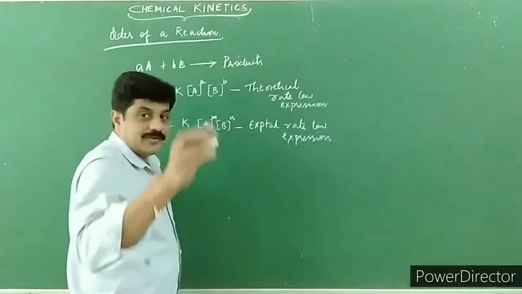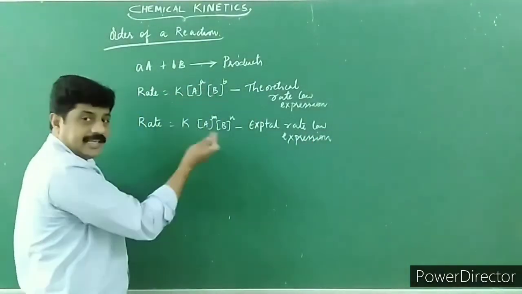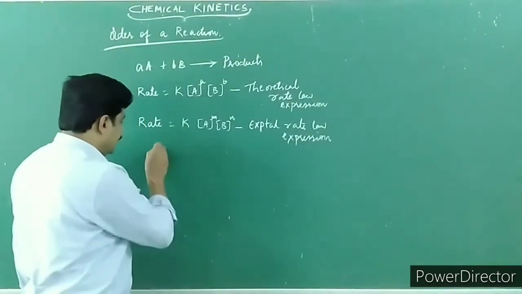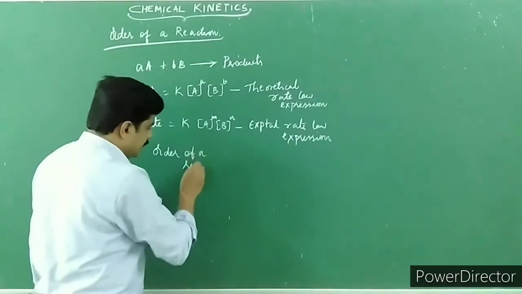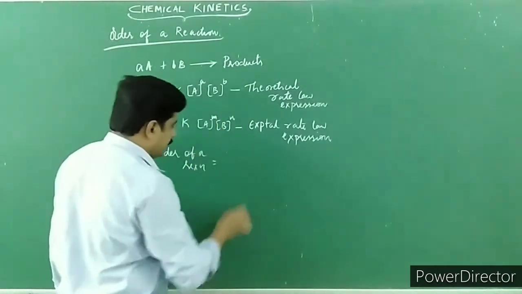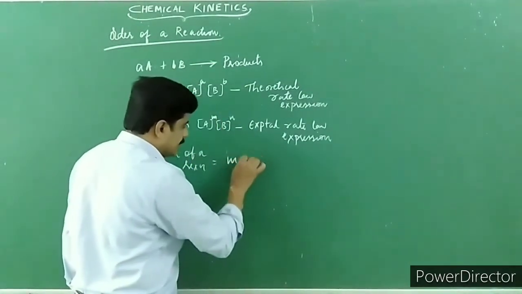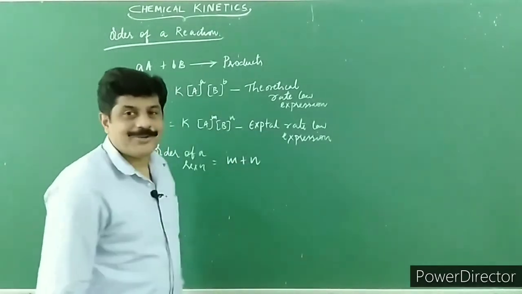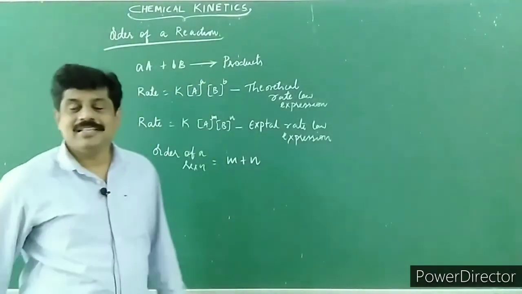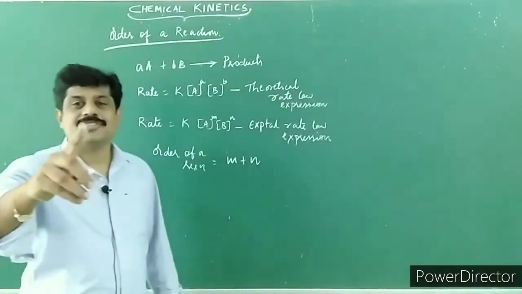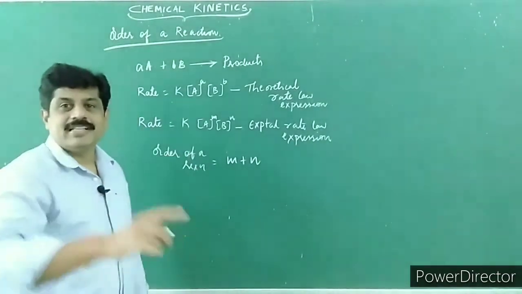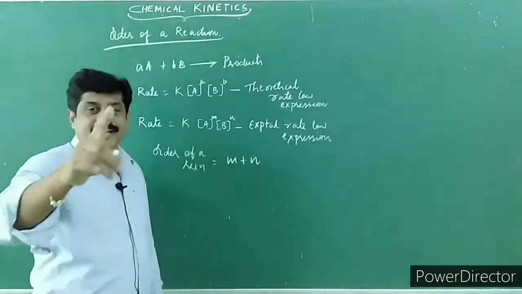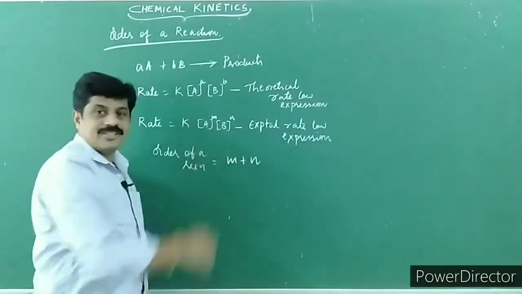Children, in order to find the order of reaction for any kind of reaction, you can write order of a reaction. For this reaction, how do I write that? m plus n. Then tell me, how do you define the term order of a reaction? Children, order of a reaction is defined as the sum of the powers to which the concentration terms are raised in the rate law expression. Always remember, the concentration terms should be in terms of the experimentally determined rate law expression. I repeat again, order of a reaction is defined as the sum of the powers to which the concentration terms are raised in rate law expression.